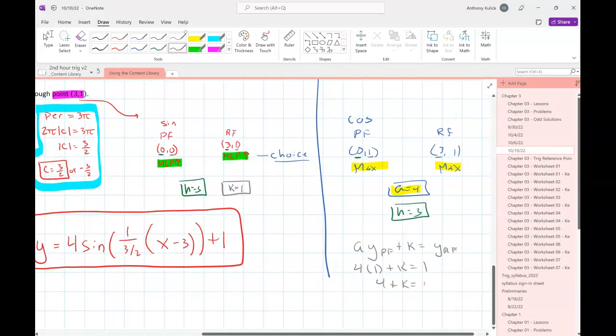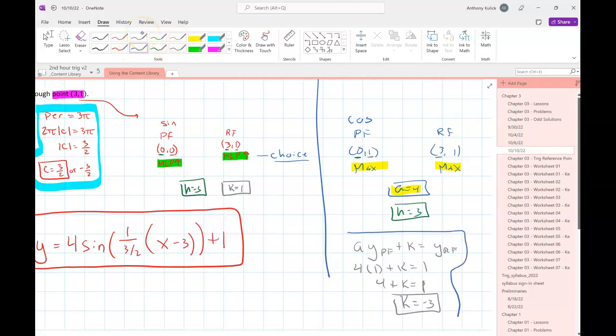So to solve that equation, I subtract 4 from both sides to get k as -3. It's this crummy piece of algebra here that I got to avoid by choosing to use a sine function rather than a cosine function in this case.